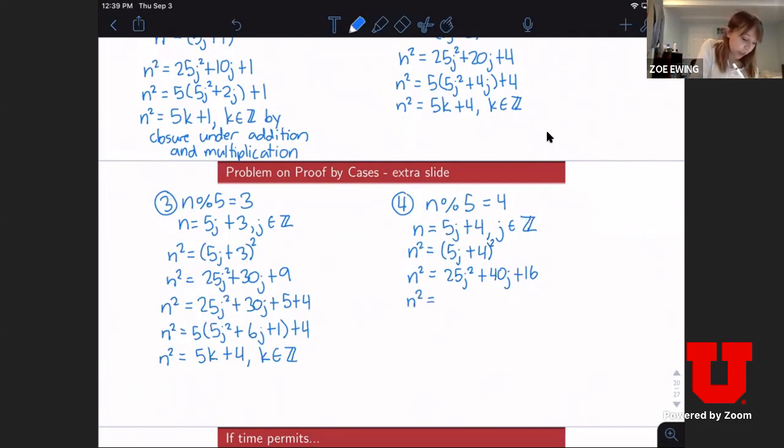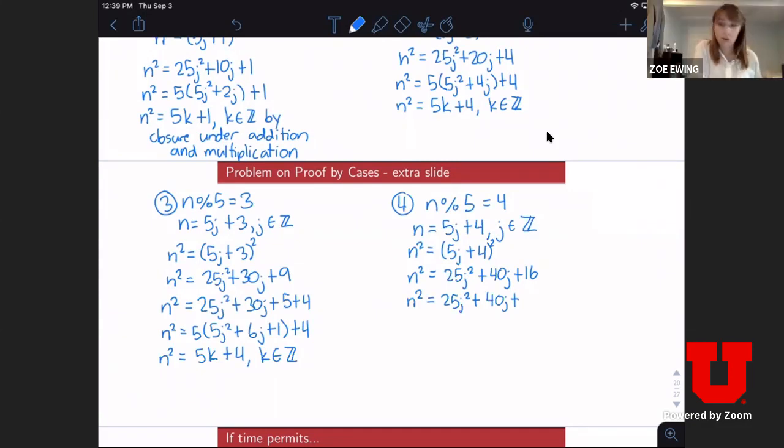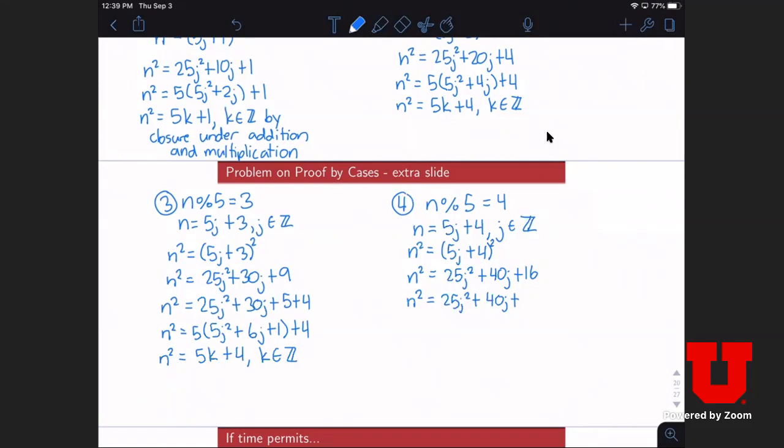But if we take 25j squared plus 40j plus 16, does anyone know what we can split this one into? Plus 3 on the... so it'd be 5 times (5j squared plus 8j plus 3).